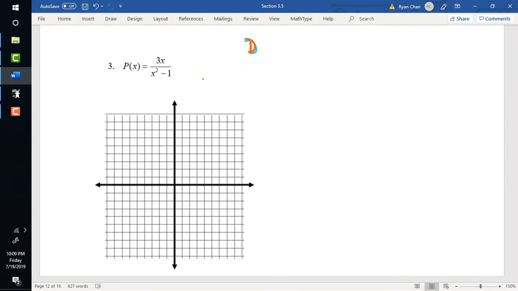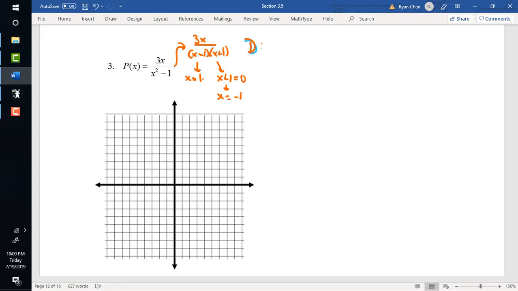So remember, what I'm going to do is factor the bottom and the top if possible. So the bottom factors are x minus 1, x plus 1. I set them both equal to 0. And I solve for each one. So I have x plus 1 equals 0. So that becomes x equals negative 1. And I have x minus 1 equals 0. So I have x is equal to 1.